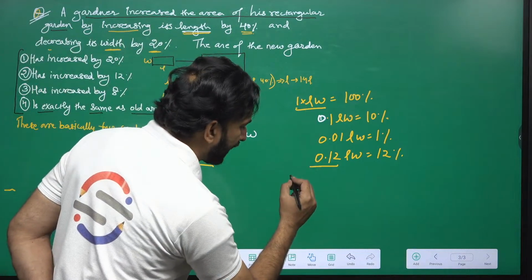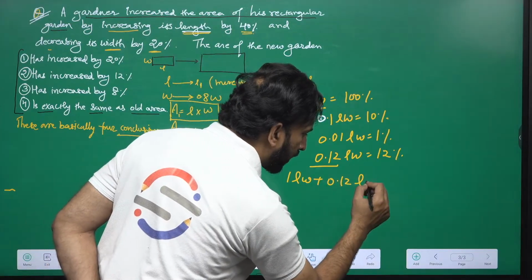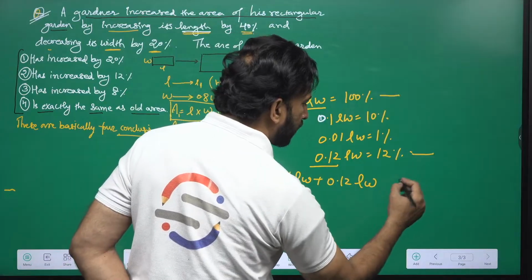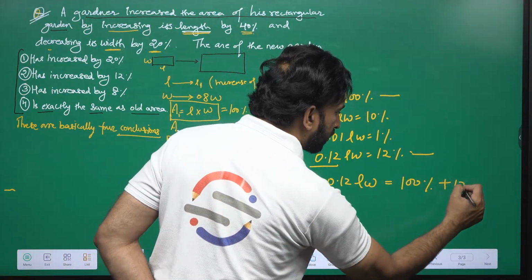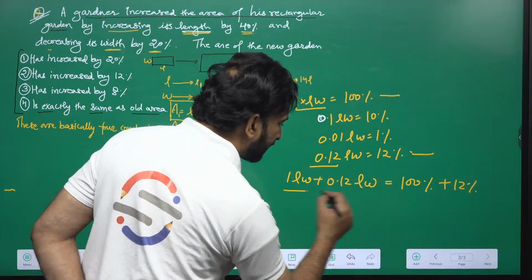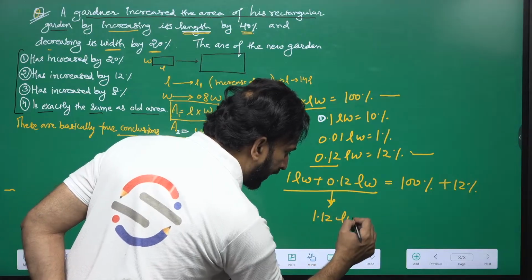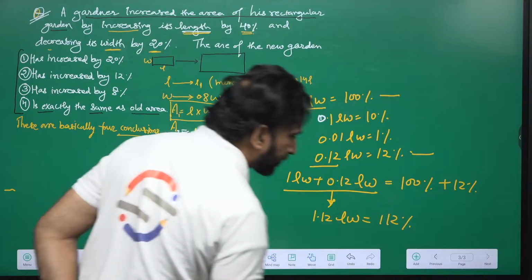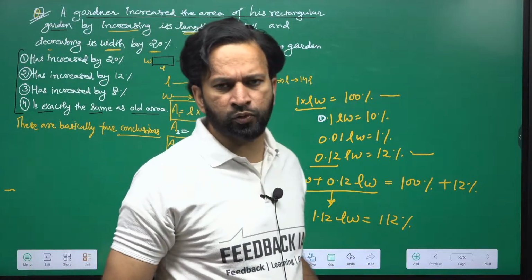Here it is 100%, here it is 12%, equals 100% plus 12%. And this is equal to 1.12 LW, that is 112%. This is the way fundamentally we have solved this question.